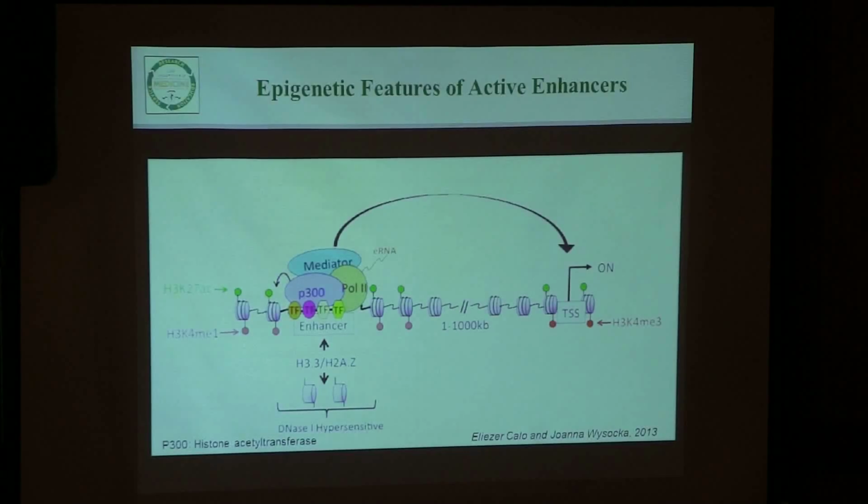So we're trying to figure out how H1 fucosylation regulates gene expression. The first thing we were trying to figure out is whether H1 fucosylation can regulate enhancer activity in M1 macrophages. Enhancers usually can be defined by H3K27 acetylation and H3K4me1.